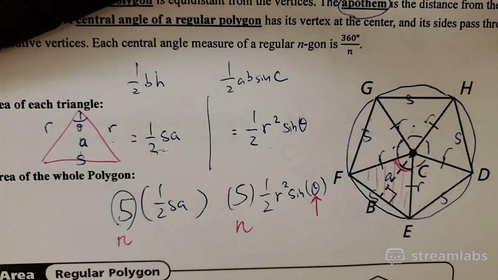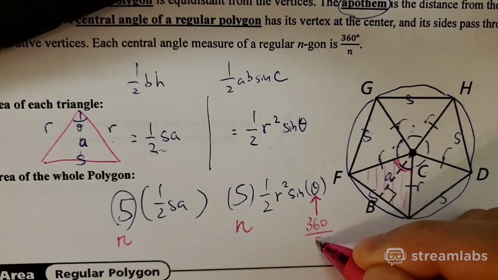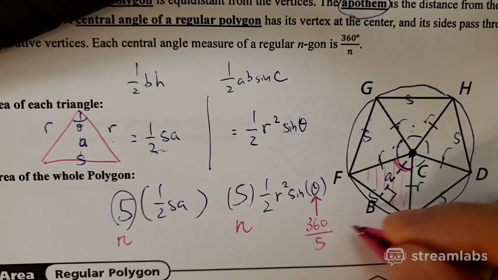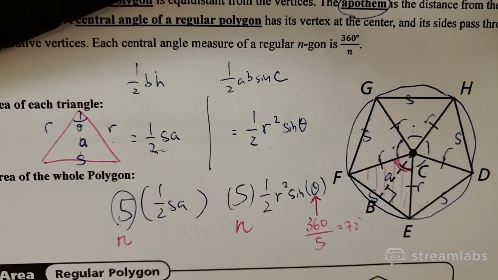So, yeah, exactly. You can cut into 5 pieces. So this angle measure should be 360/5. In this case, it's 72. And whatever the radius is, the radius will go in. And these we'll find also.